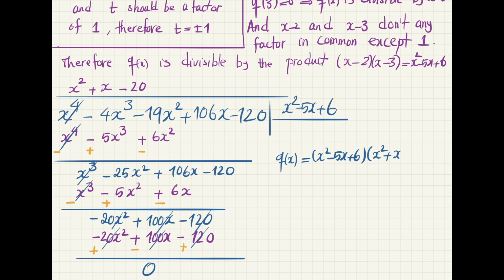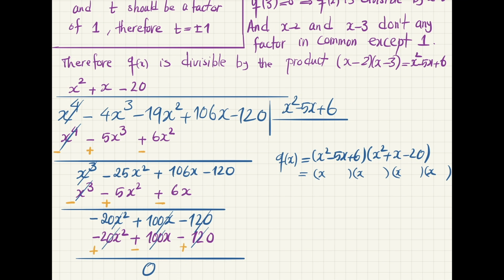plus x minus 20. Yes, and I think you have enough experience that you immediately see that I can continue and factorize these two polynomials. So I can write two pairs of brackets, put x here and there, and another two pairs of brackets for the next term, and I put x here and x there.